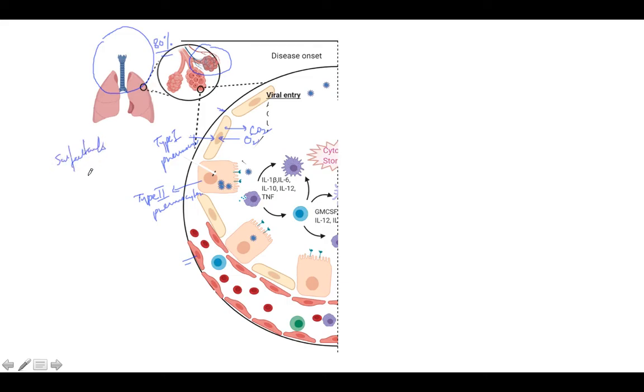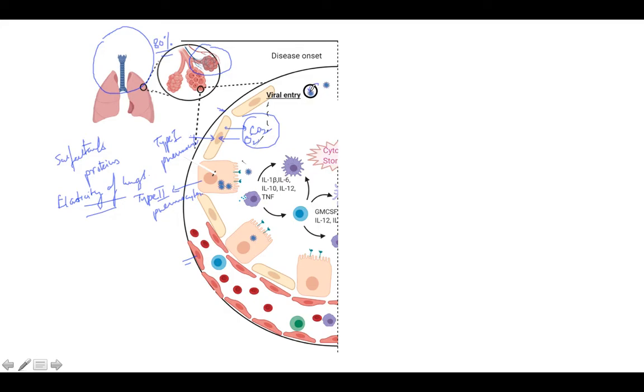These proteins help in the elasticity of the lungs, so that they can expand and contract so that the exchange of gases can take place.